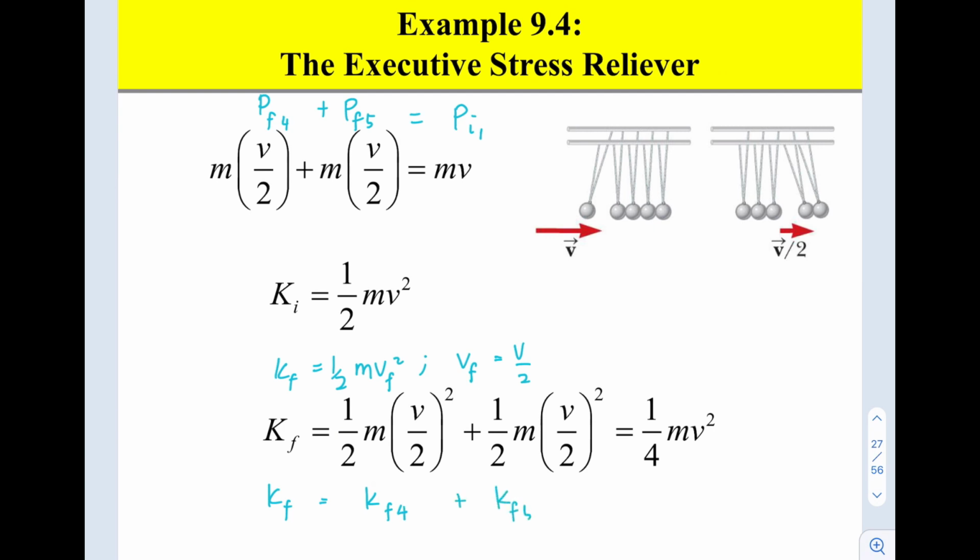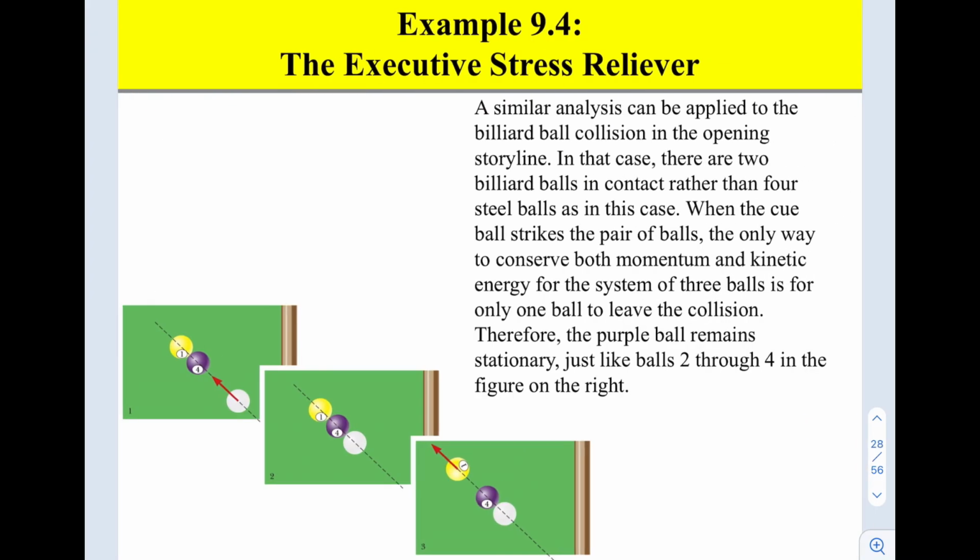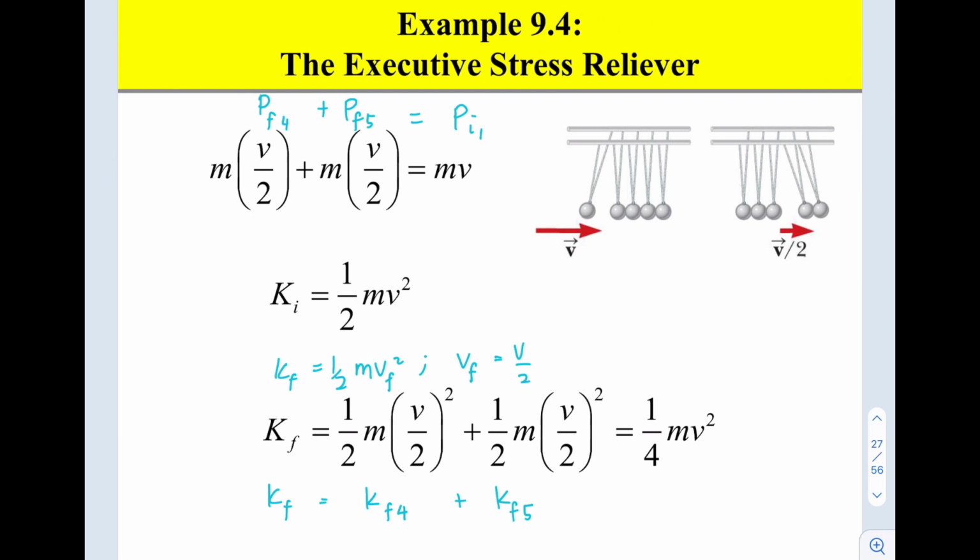Ball 4, ball 5, which is going to give us 1 over 4 mv squared. What does that mean? To have this kind of result is impossible, because it is not conserved.